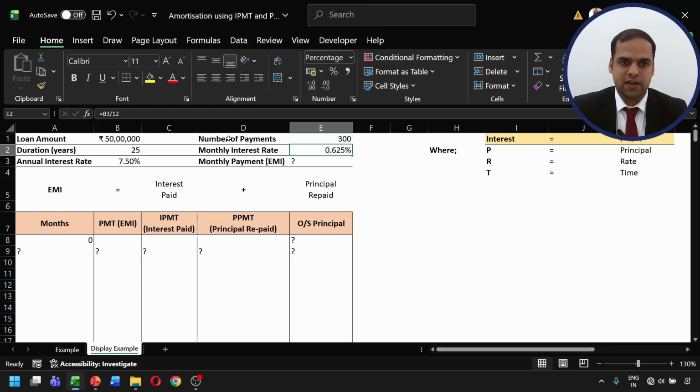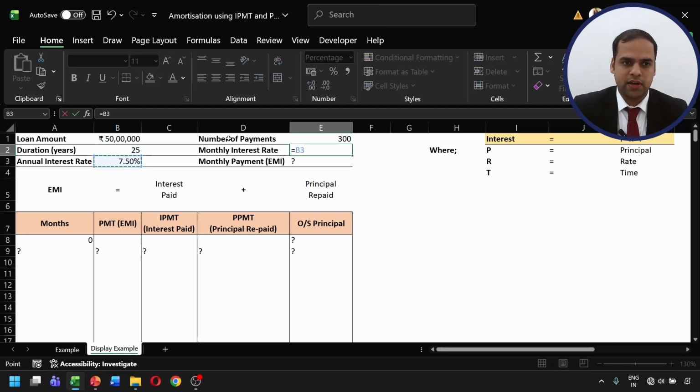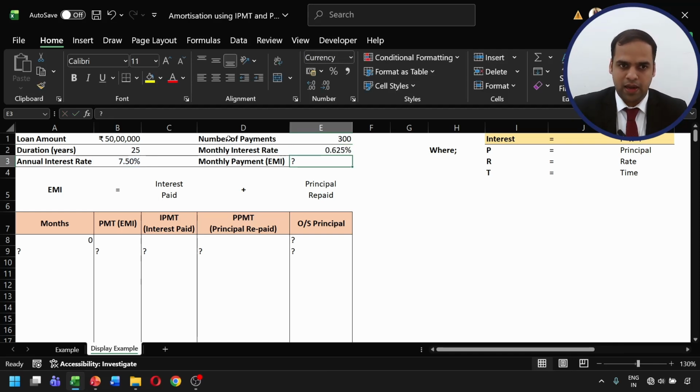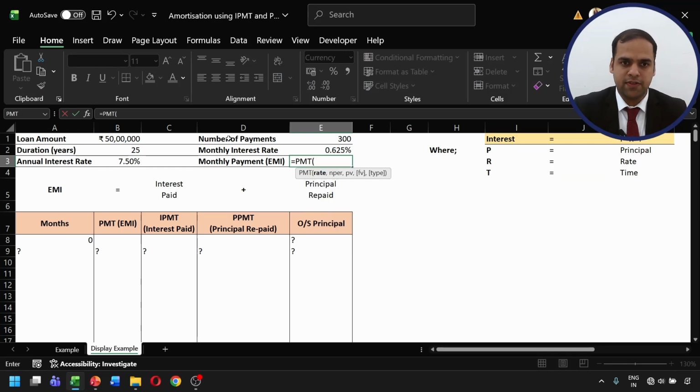The monthly interest rate is the annual interest rate divided by 12. And if we want to calculate the monthly payment EMI, remember we talked in the presentation about using the PMT function.